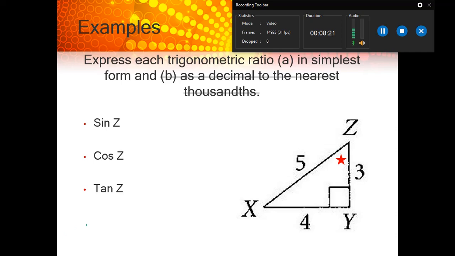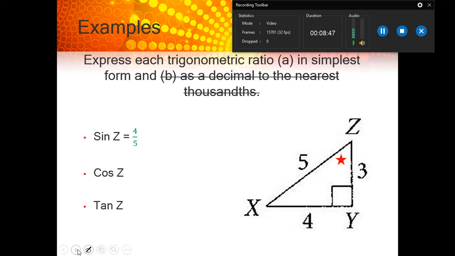We're going to use the same triangle, but we're now going to move to angle Z. You can see I marked it with the star. You are here. Because I'm now here, 3 is the side next to the angle, so this is my adjacent side, and 4 is opposite, but 5 will continue to be my hypotenuse. So sine, some old hobo, opposite over hypotenuse. The ratio is 4 to 5.